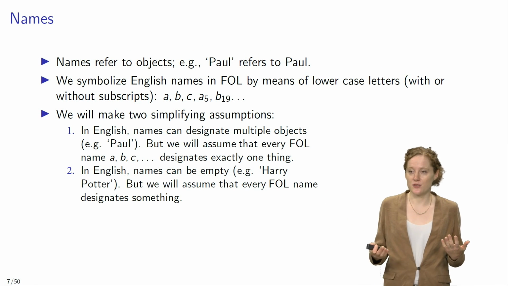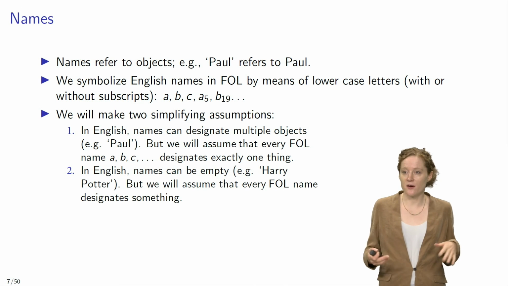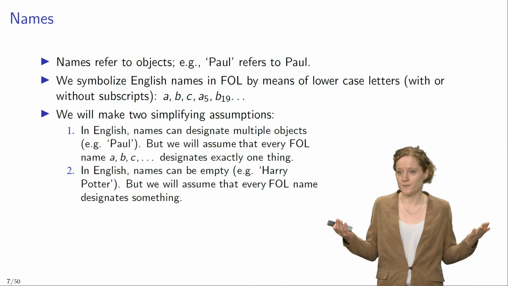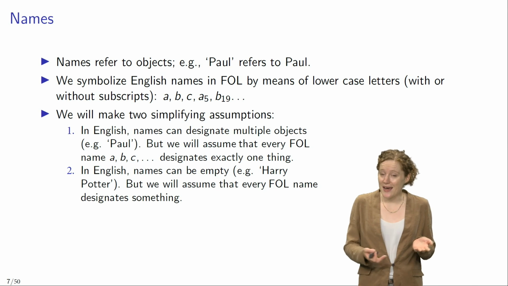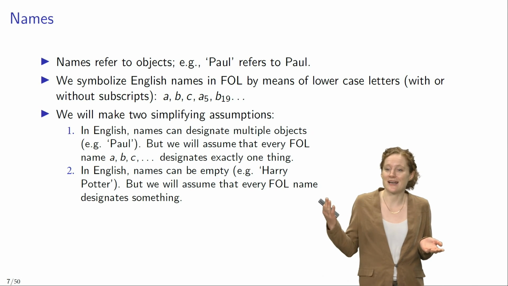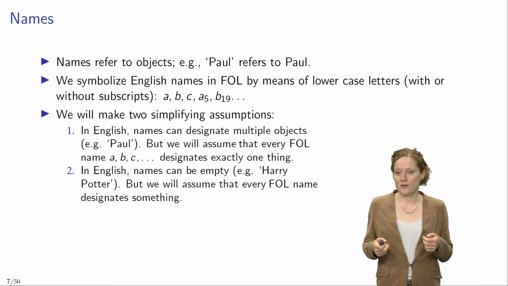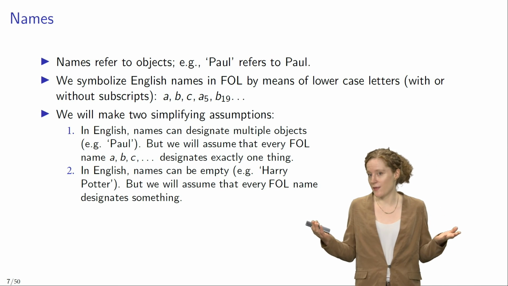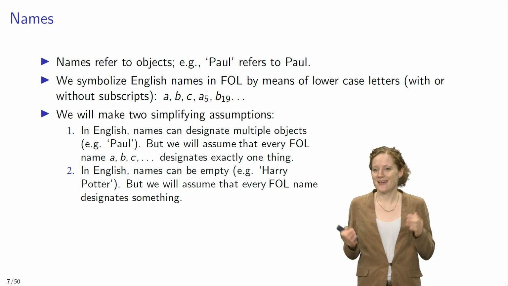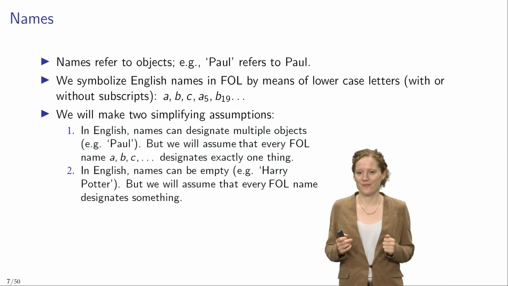And you may need to consider the context to find out which Paul is being referred to. Now in FOL, we will assume that every name designates exactly one thing. So we will rule out that, say, the name A refers to more than one thing. That's our first simplifying assumption.